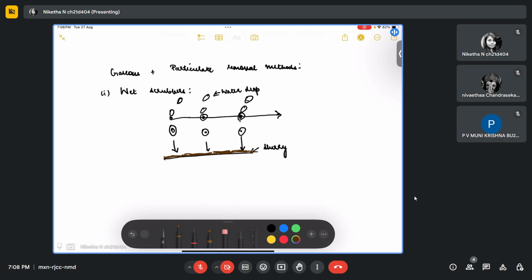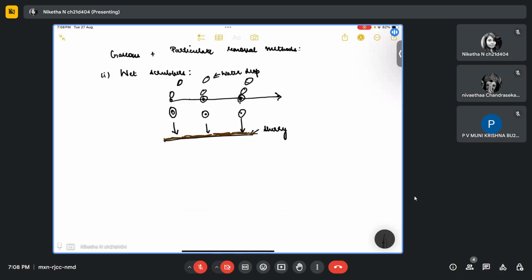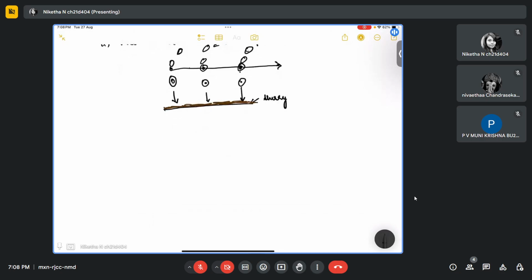It's like how when it rains, the road becomes muddy, right? So that kind of substance will be produced. It will be a slurry of particulate matter and water. That will be collected at the bottom, and it will be removed. So the particles will be removed from the gas stream.